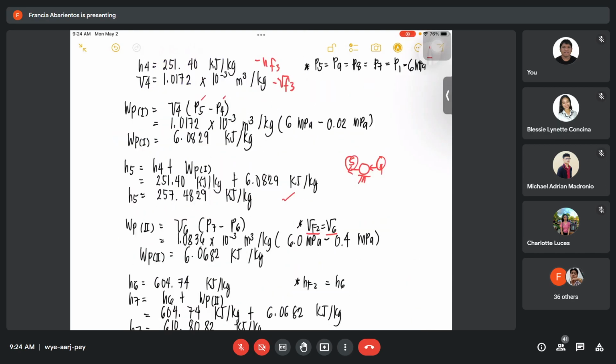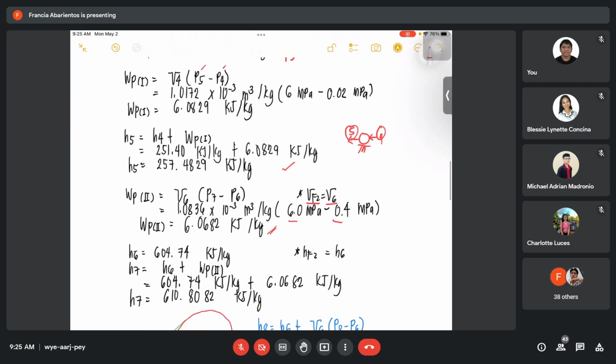So, the pressure now, yung gagamitin natin is from the pressure entering the closed feed water heater, which is 0.4 MPa, to the pressure at the boiler. So, makukuha na natin yung pump work at 0.2, which is 6.0682 kilojoule per kilo. That is now the work of the pump at 0.2.